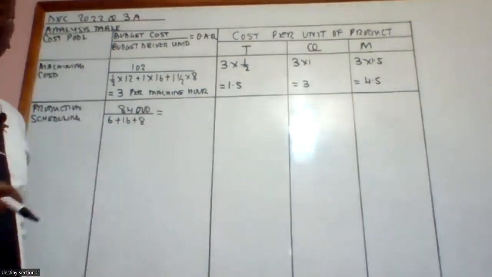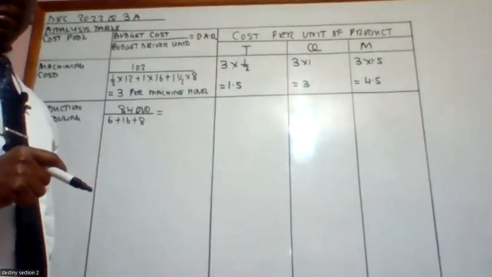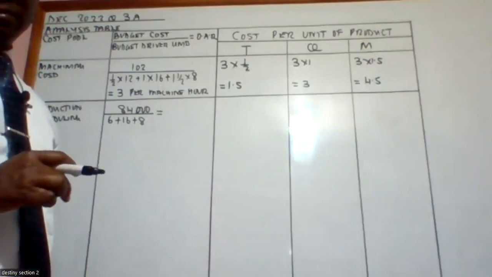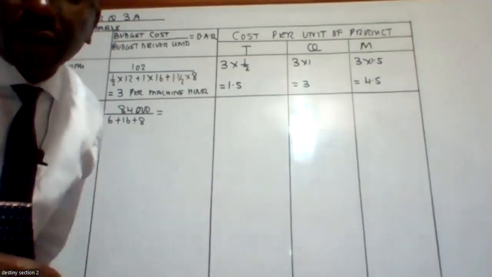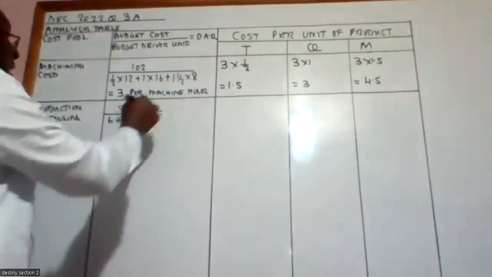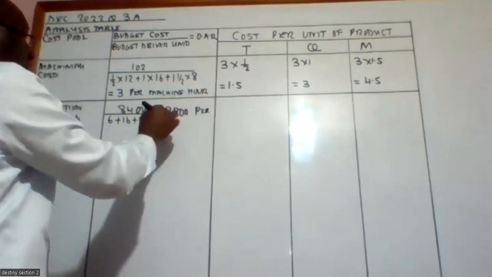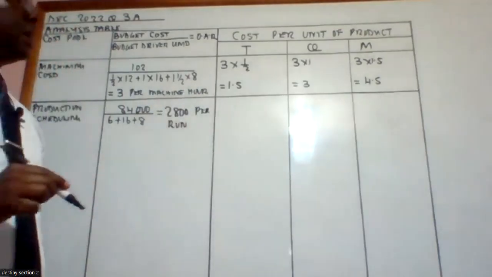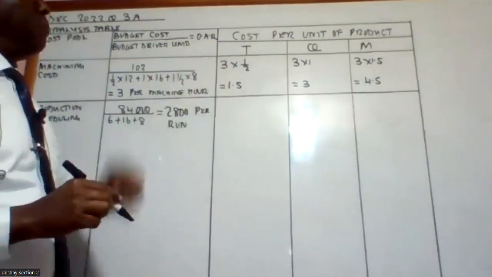So give me this. 2,800. Yes, thank you. 2,800 per production run. Now, when you come here to product T, this is how we are looking for per unit.